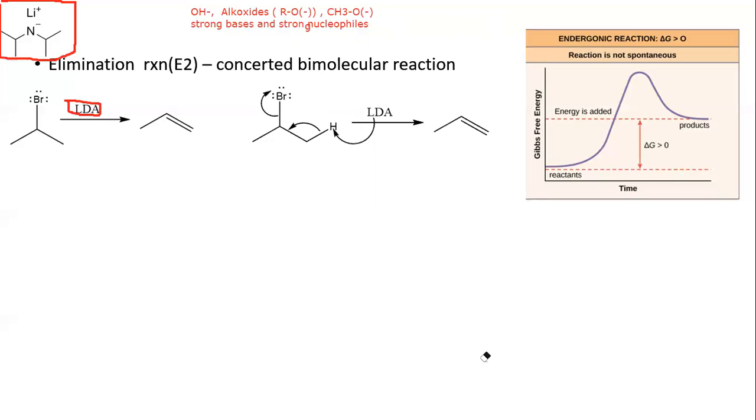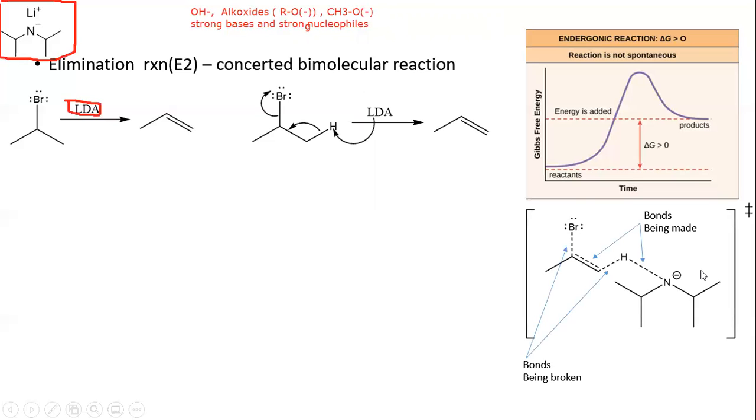And most elimination reactions are endergonic or endothermic reactions. And the reason that they're endothermic is because we're forming a bond between the nitrogen and the hydrogen, the carbon-hydrogen bond is broken, we're forming a bond between two carbons, and a carbon-bromine bond is being broken.